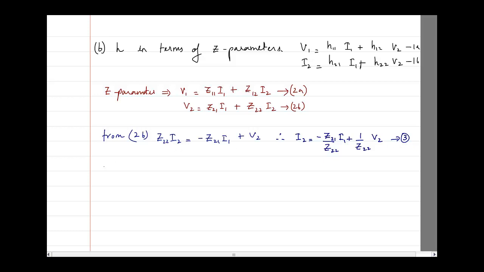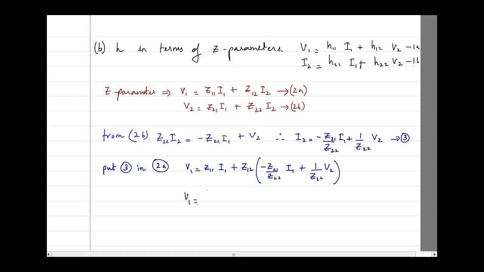Now substitute equation 3 in 2A. So if I put equation 3 into 2A, I will get V1 is equal to Z11 I1 plus Z12, and within brackets I2. What I have got, I2 is minus Z21 by Z22 into I1 plus 1 by Z22 into V2, which I can now open the bracket and write the I1 terms together.